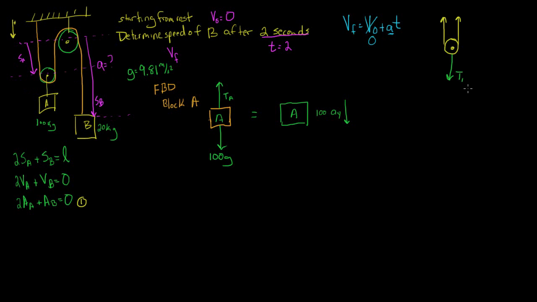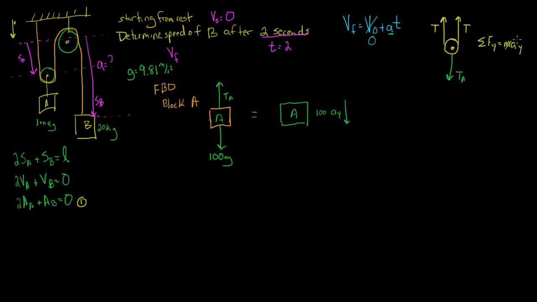So here's its TA, and let's call the tension of this first chord just T. And one of the assumptions we make with these pulleys is that they are massless. So if we sum our forces in the y direction, the sum of the forces in the y direction is equal to a mass times an acceleration. And yes, it's true that this pulley is going to be accelerating up or down.